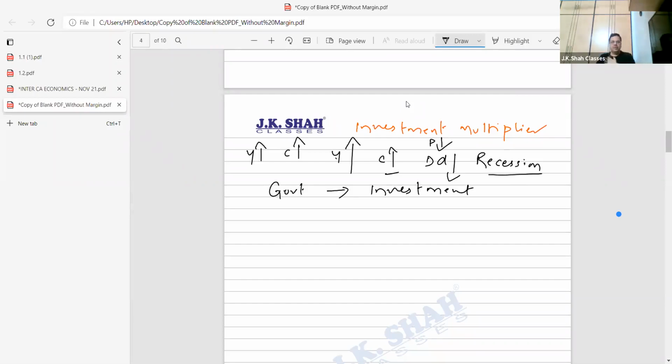Just now I said, students, in the US the government is thinking of printing 30% of the national income. If they print that money, Biden will not keep it in his pocket. He'll give it to the people. He'll make investment in the country. So beta, when there is a fear of recession in the country, that time the government intervenes. Government makes investments. When government makes investments, what happens?